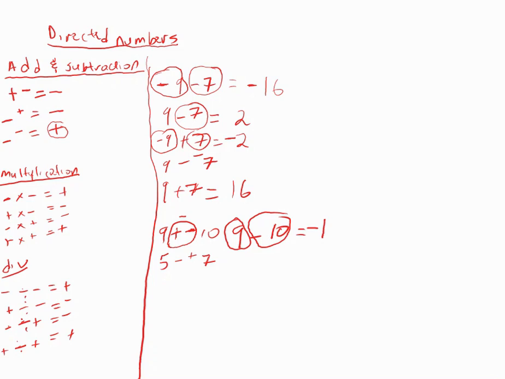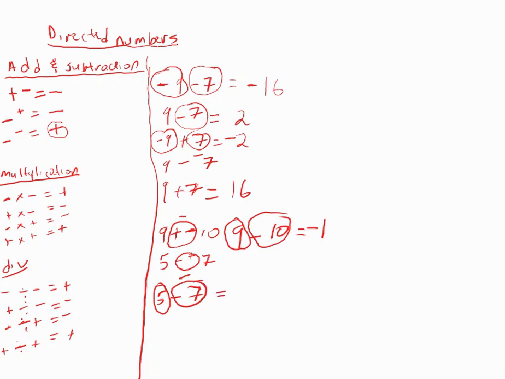Minus positive, we remember this is going to give us minus. So this means you have 5 minus 7. This means you have 5 rand and you owe 7 rand.